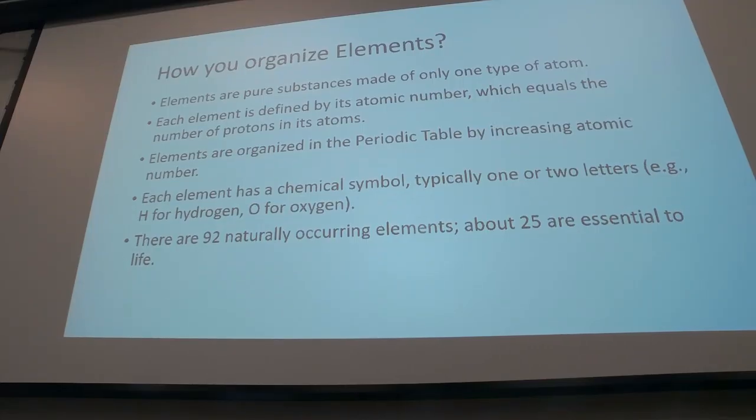So we have here all of these abbreviations. Some of them come from the place where they were discovered, or the last name of the person who discovered the element, and some of them come from Latin names, like sodium, Na, natrium, which means salt.